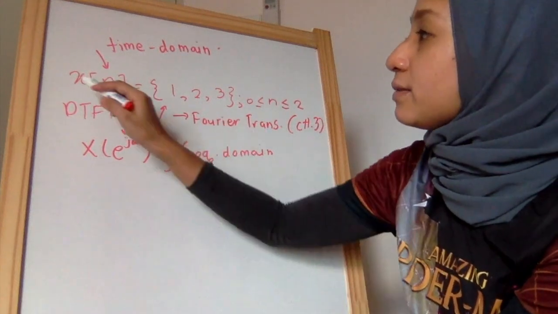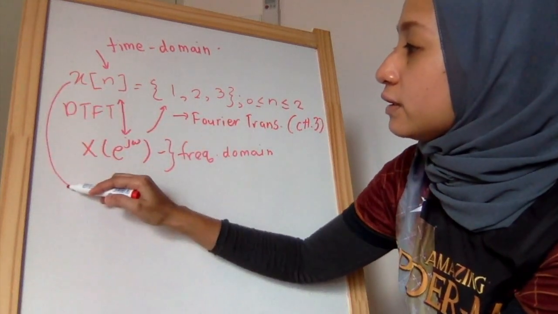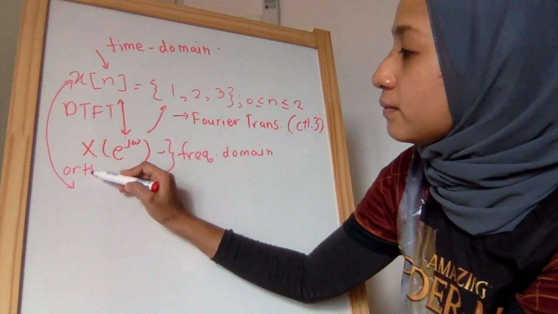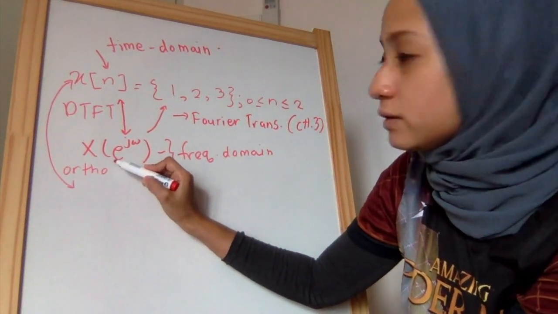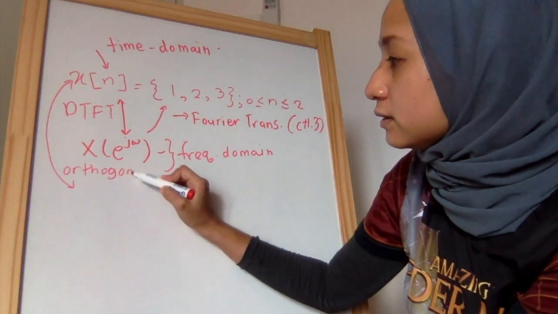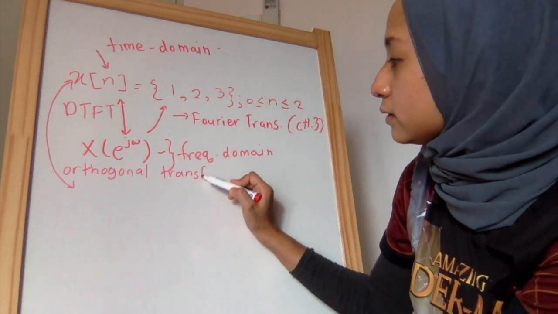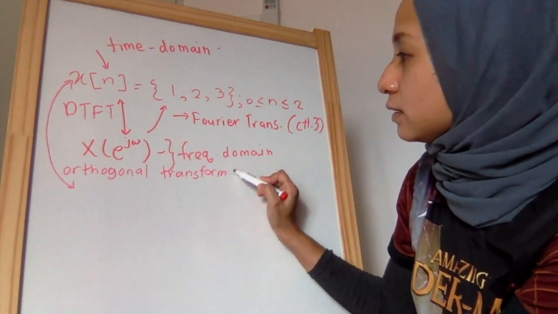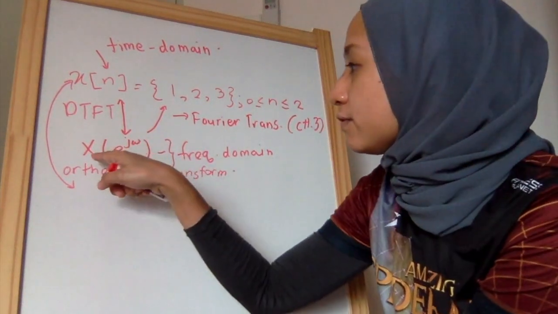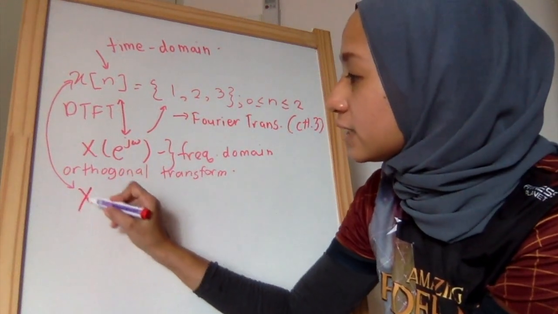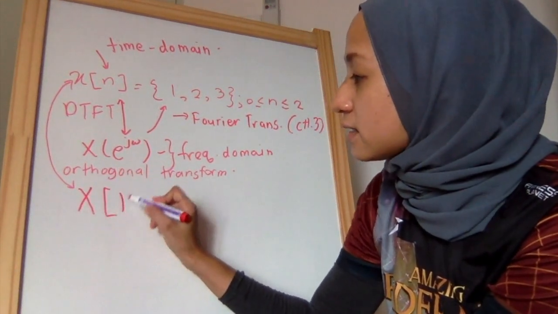In chapter 5, you will do orthogonal transform. So instead of using X(e^jω), now your notation is X[k].